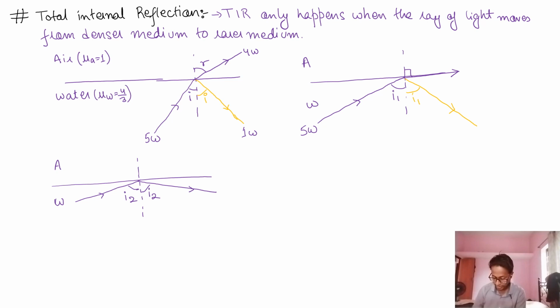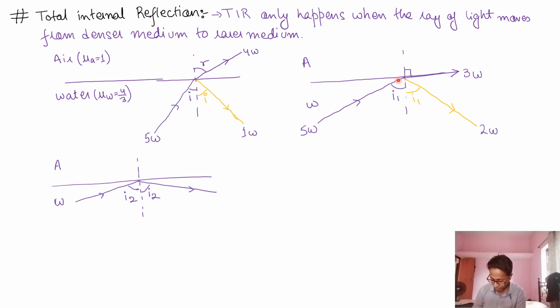For example, this doesn't usually happen, but say 3 watt goes through the surface and 2 watt comes back. So as I'm increasing the angle of incidence, much lesser intensity of light is getting refracted into the other medium, and more light is getting reflected.